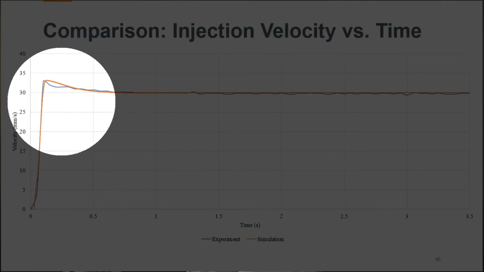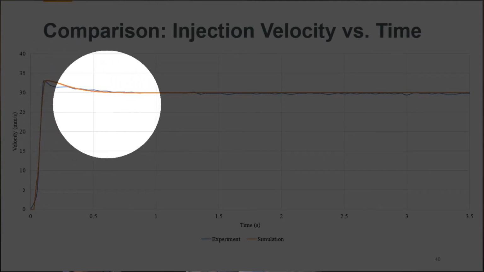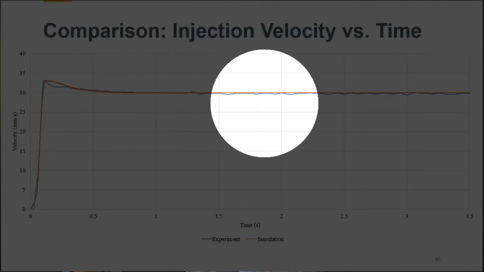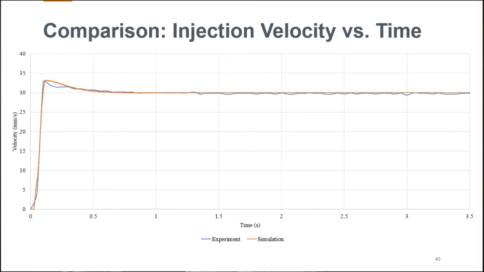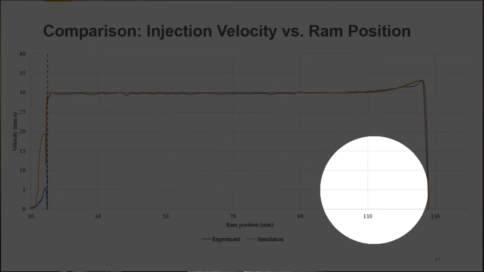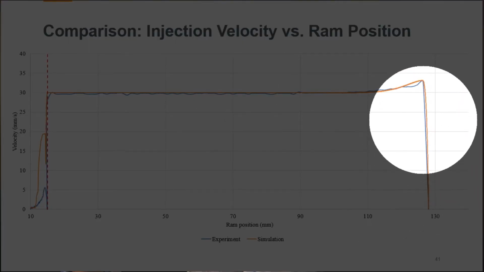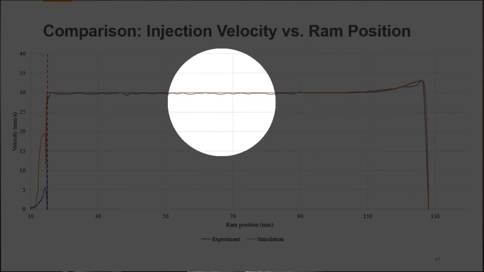The machine exceeds the setting, slowly drops down, becomes stabilized, and stays at 30 millimeter per second all the way to the end. And if we look at the velocity versus ram position, it's the same. We can capture this delay time and the peak and the stabilized speed.